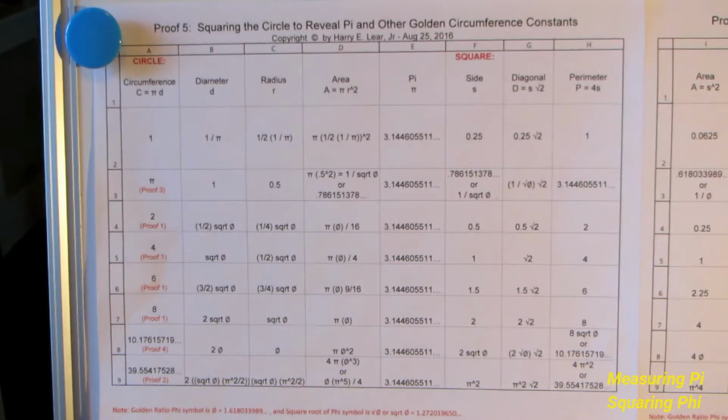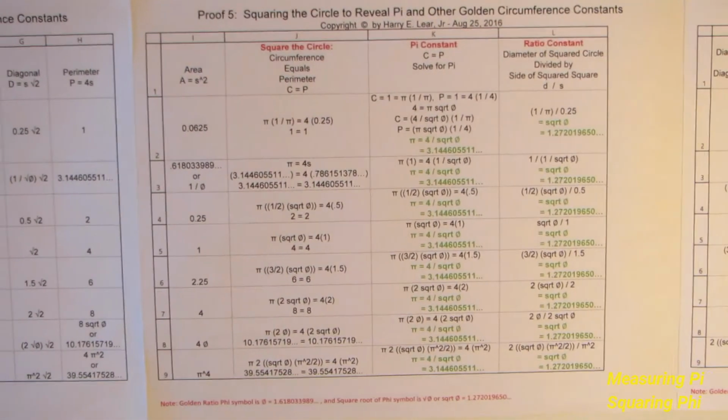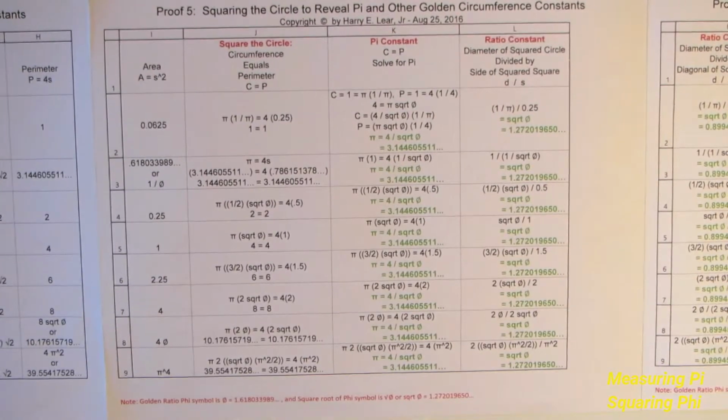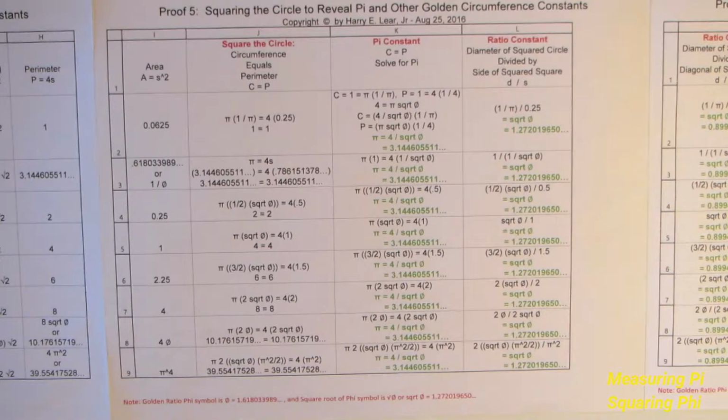For example, if we move over to the center portion of the spreadsheet, we can see that once we square the circle to the circumference to the perimeter, and we also, as you saw, physically measured and also solved for pi, and pi is always 4 over the square root of the golden ratio.